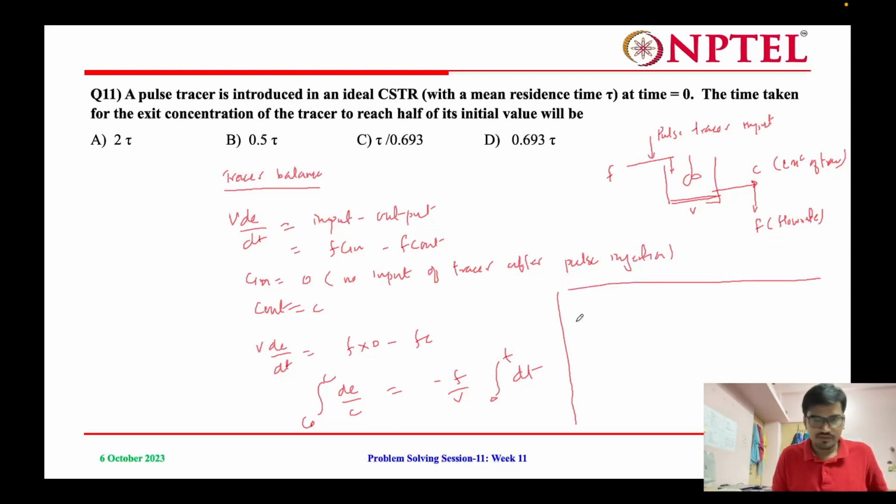Now integrate: ln C by C naught equal to minus F by V times t. So we can write tau is equal to V by F, the mean residence time tau. Now in the question it is given that C by C naught equal to half.